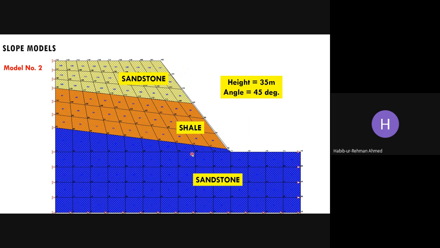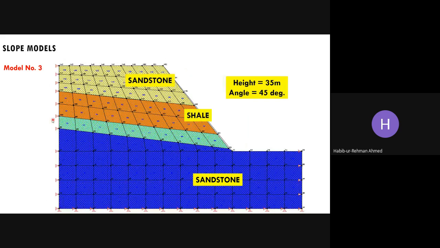In this one, for the finite element I used a strain softening model, and in limit equilibrium again the Mohr-Coulomb methodology. In model 3, I have introduced a soft clay layer. You can follow the pointer: this green layer is basically a soft shale layer. So I have the same sandstone, the shale, and this layer over here, and finally the base material is again sound sandstone.